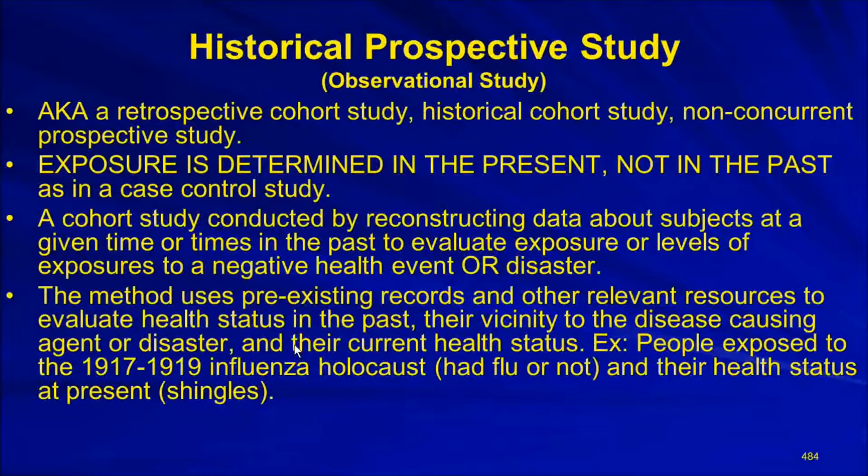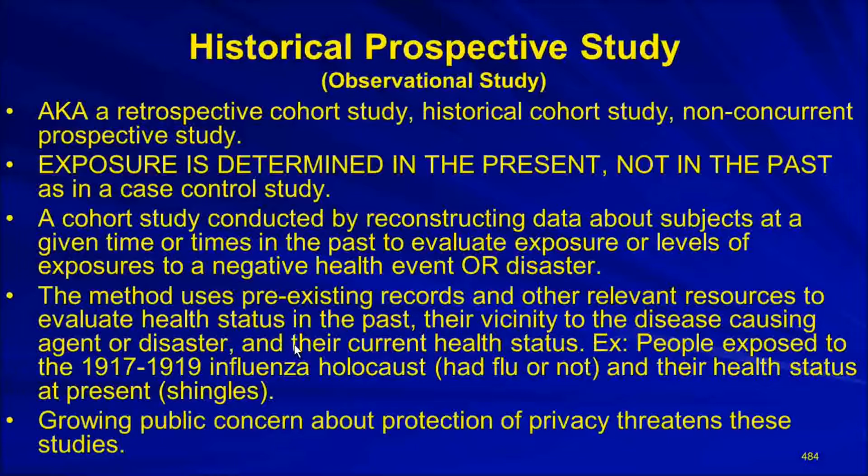Water was contaminated, and there was a real reduction in the number of people who were alive, but they found that there was a certain portion of the population that could survive this particular trauma no matter what. So I just share that with you as a way to discern and distinguish between a case control study and a historical prospective study. Okay?